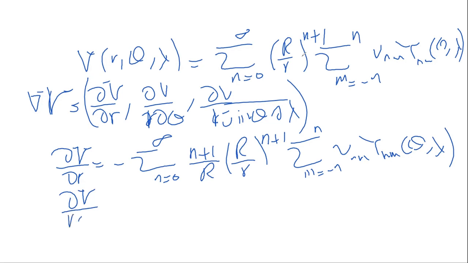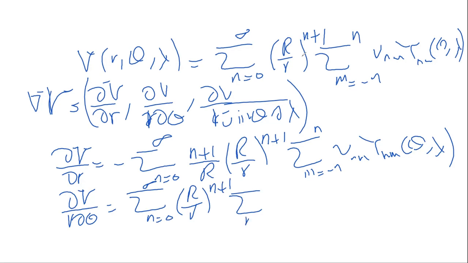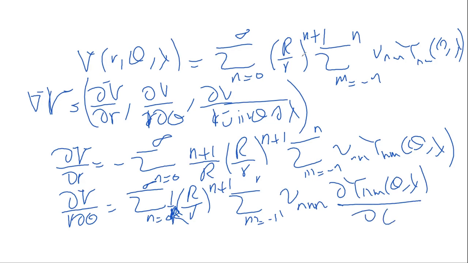The derivative of V with respect to r theta will be summation again, and I have this R over r again, and 1 over r behind as well. Then I can write R here. Yes, that's correct now. R star, big R, V_nm, and here I have the derivative of the spherical harmonic with respect to theta.